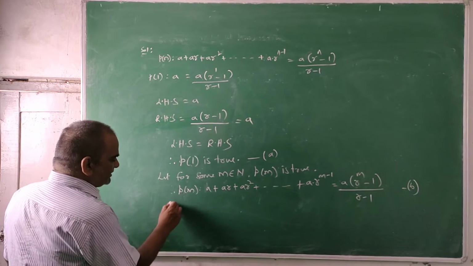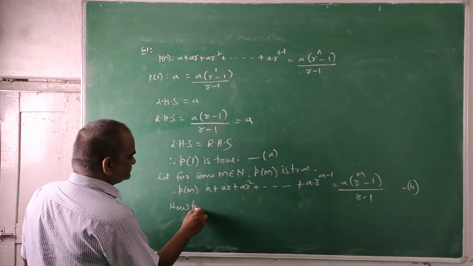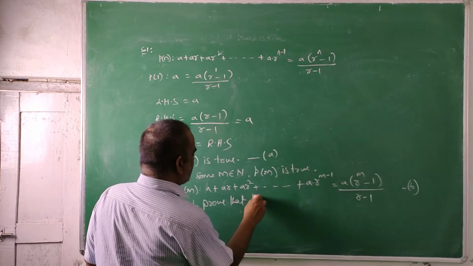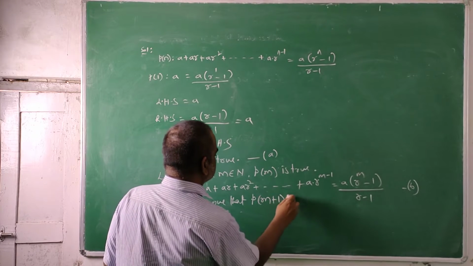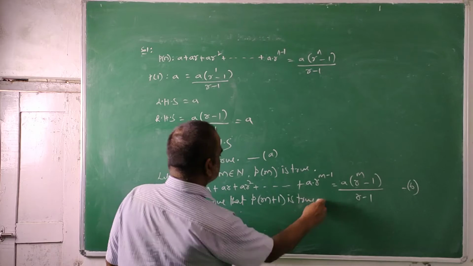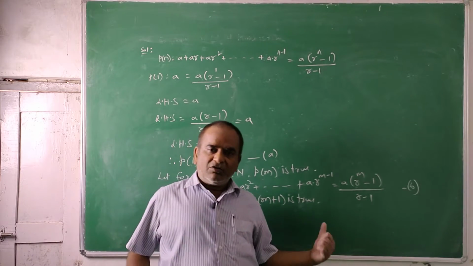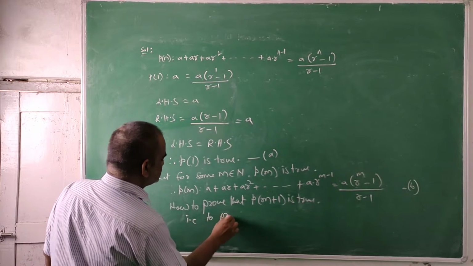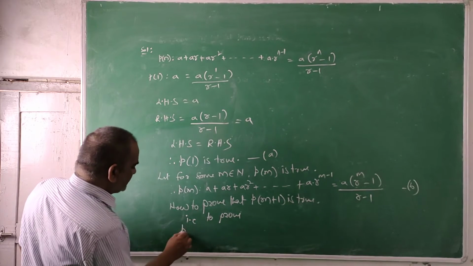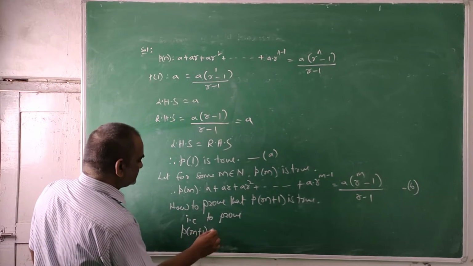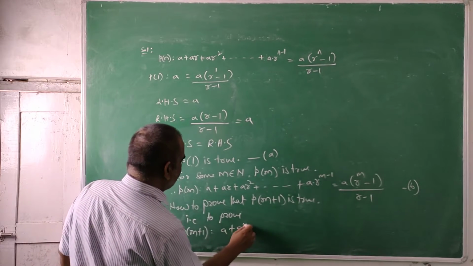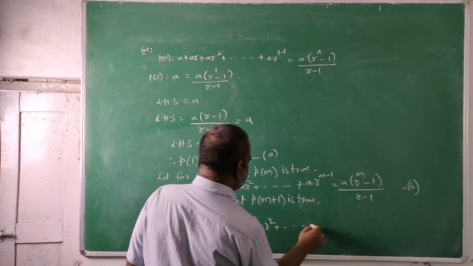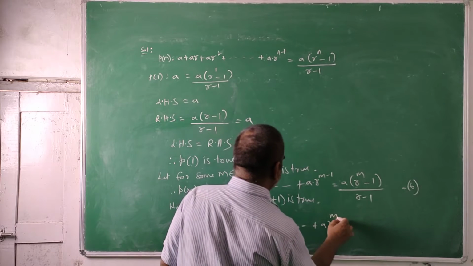Now to prove that P(m+1) is true. So that is to prove P(m+1): a + ar + ar^2 + so on + ar^(m-1).